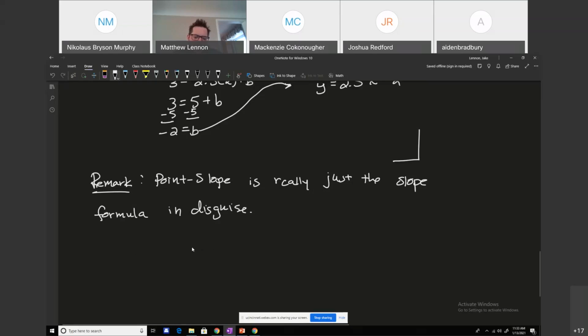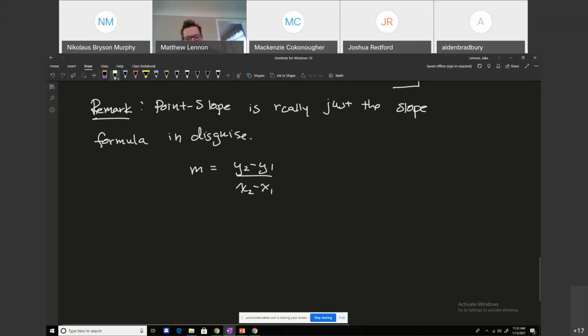What is your slope formula? It's m equals y2 minus y1 over x2 minus x1. Well, what happens if you cross multiply that formula? We get m times x2 minus x1 equals y2 minus y1. Then all you have to do is essentially relabel.